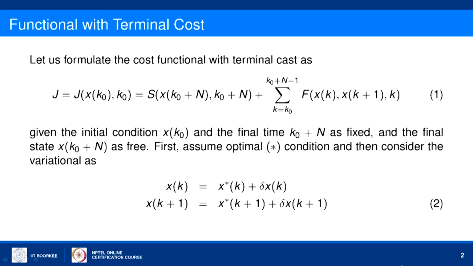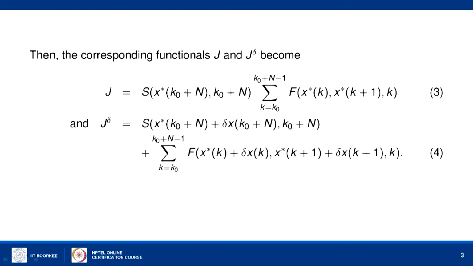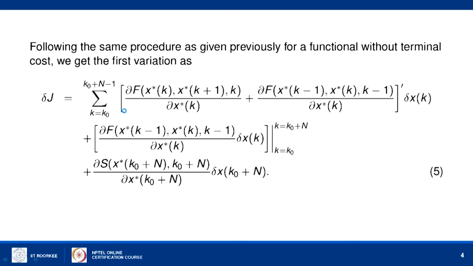When we substitute these in the expression of J and take the difference, we get the variation in J, and using the Taylor series and neglecting the higher order terms, we get this expression.